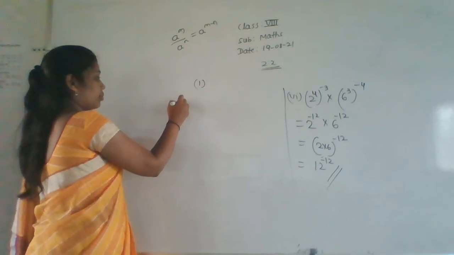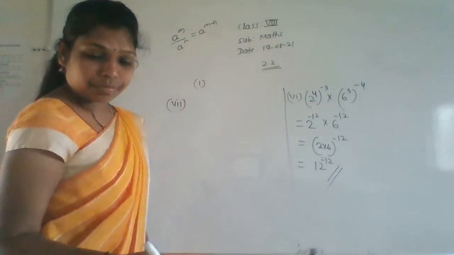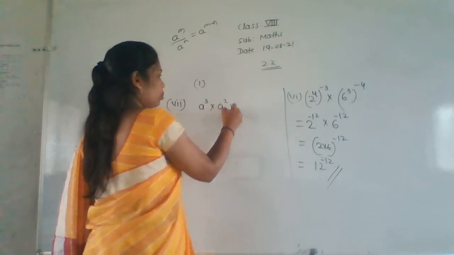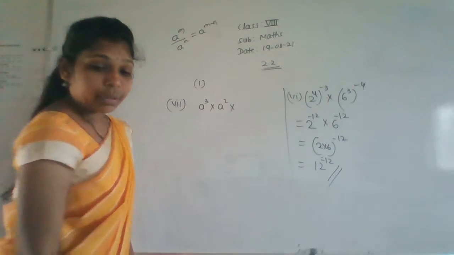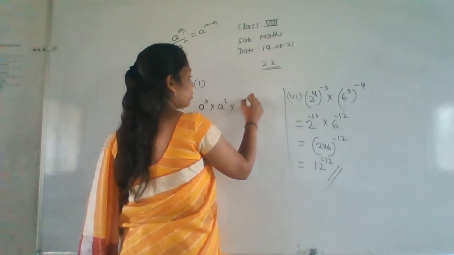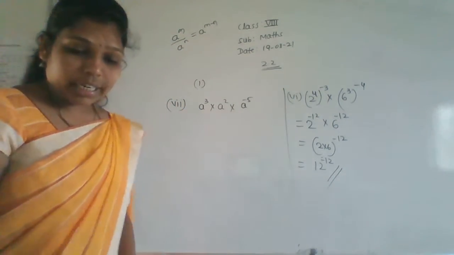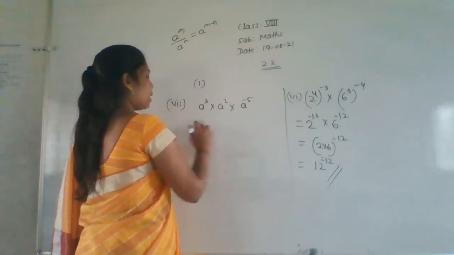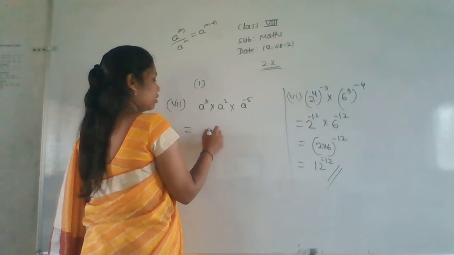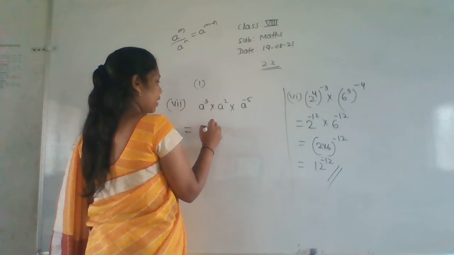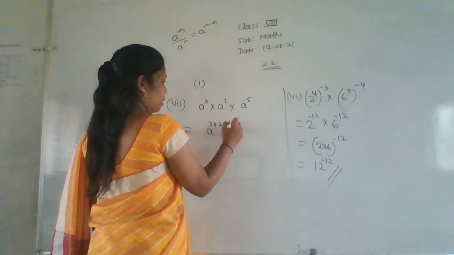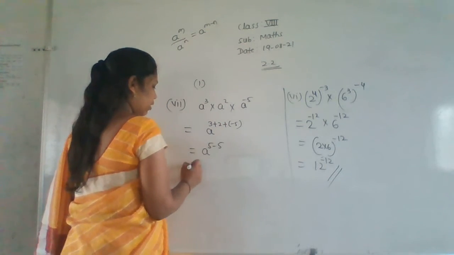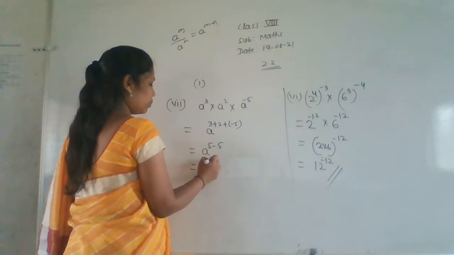Seventh one. A to the power 3 into a to the power 2 into a to the power minus 1. All are multiplication, so add all the powers. 3 plus 2 minus 1... that is a to the power 5 minus 5. 5 minus 5 is nothing but a to the power 0.